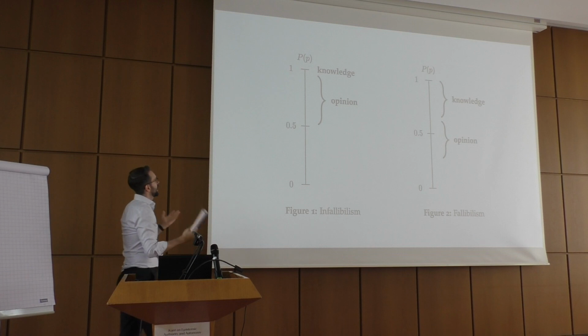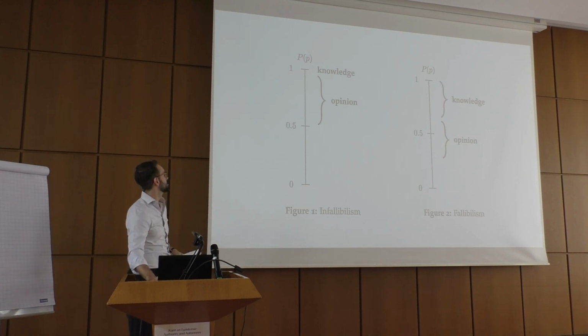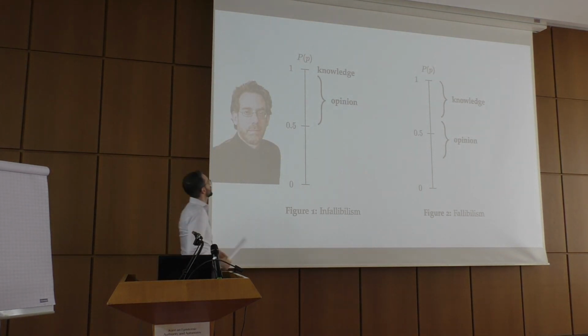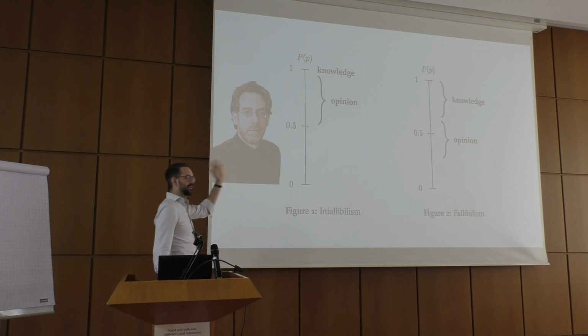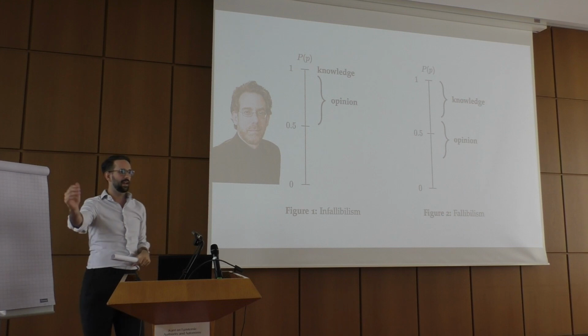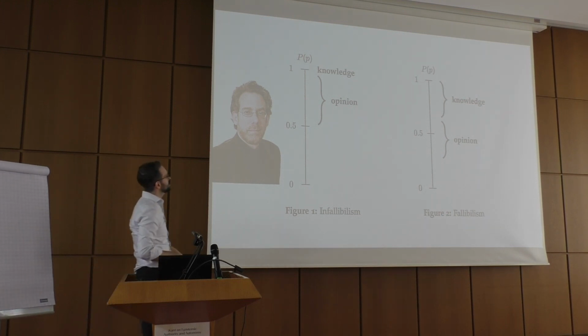On the standard infallibilist picture, which is commonly associated with Lawrence Pasternak, everything above 0.5 excluding 1 gives opinion, and that's insufficient objective grounds. Only at 100% probability do we get sufficient objective grounds.